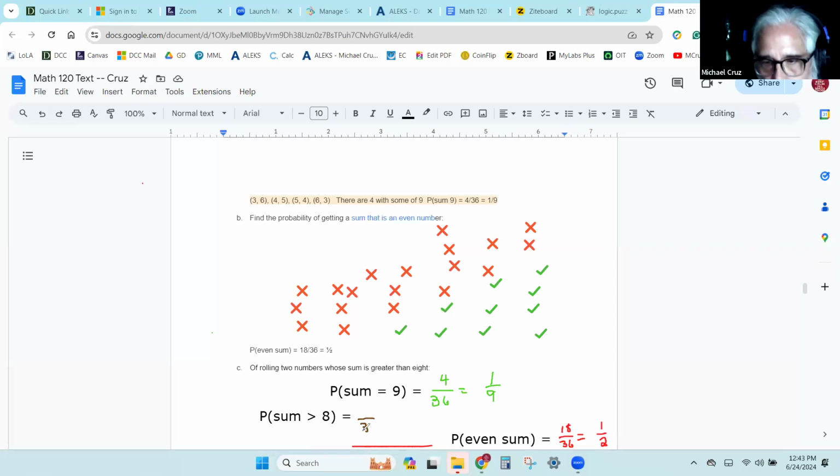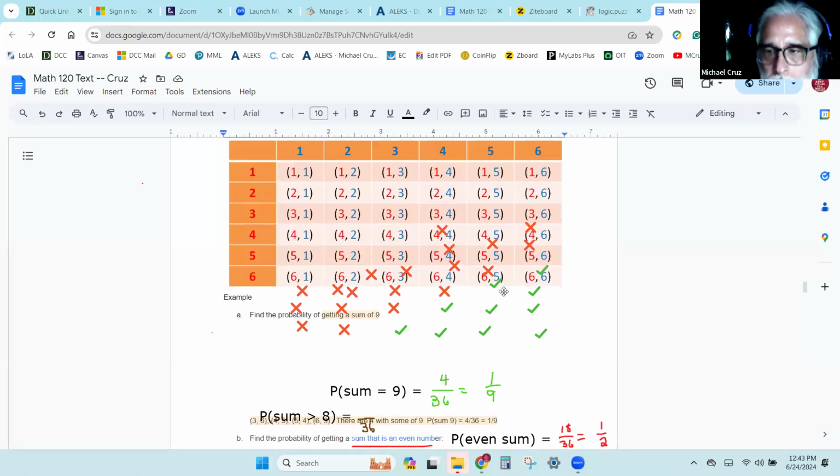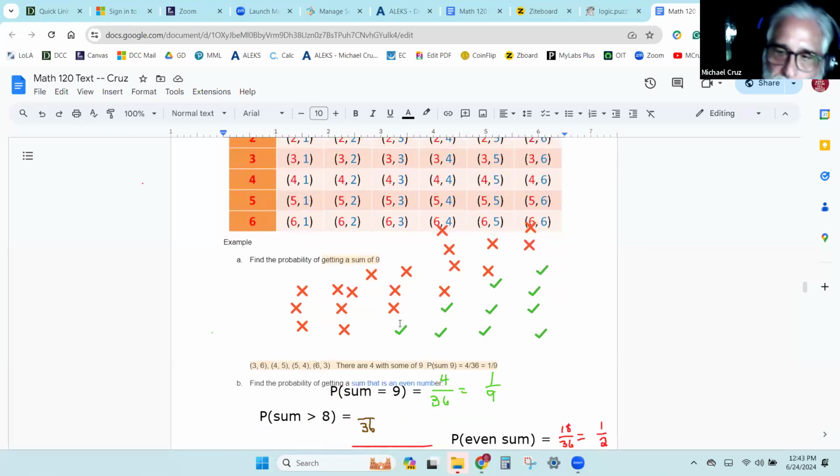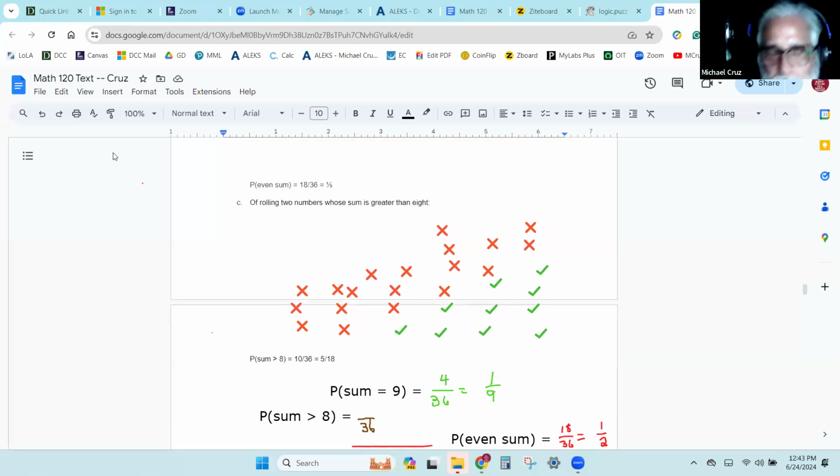And I already forgot how many it was. How many was there? Oh, it's the green check marks. 1, 2, 3, 4, 5, 6, 7, 8, 9, 10. So 10 over 36. And that could be simplified to 5/18 because they're both divisible by 2.